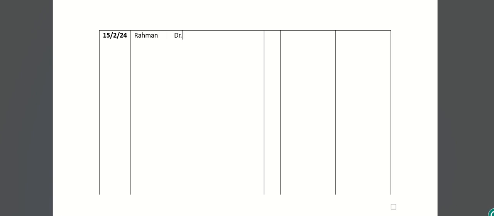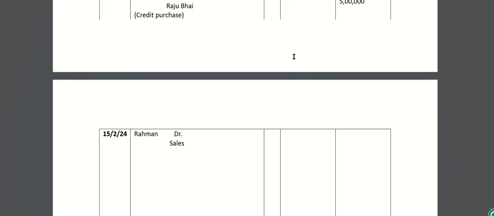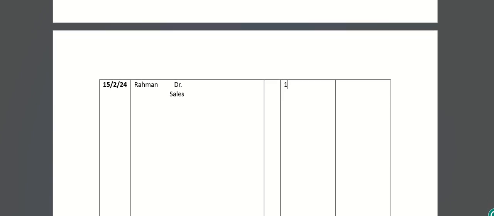Debited to what? Debited to sales. We have got an asset because we have made a sale to him, but he failed to make the payment. Also, he has agreed to make the payment in future. So we expect cash to come from him at a future date. So he is an asset of the business. Now, for how much amount have we made the sale? If you remember, it was 12 lakh rupees.